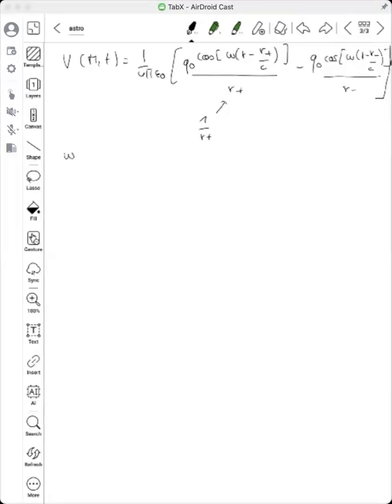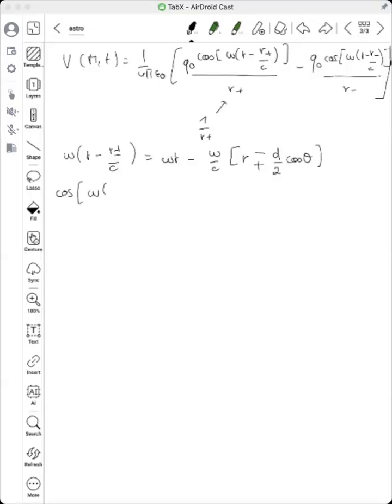So omega (t minus R plus-minus over c) is going to be equal to, I now want to develop these things. So it's going to be equal to omega t minus omega over c R minus-plus half d cosine theta.